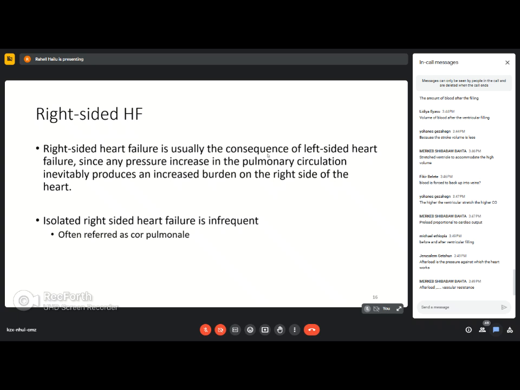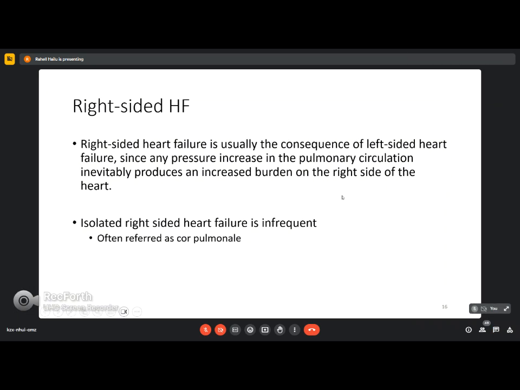So the right side of the heart has to work against high pressure within the pulmonary circulation. The right ventricle has to work against the high pulmonary pressure, and that results in progressive right-sided heart hypertrophy, and after hypertrophy, it eventually fails.